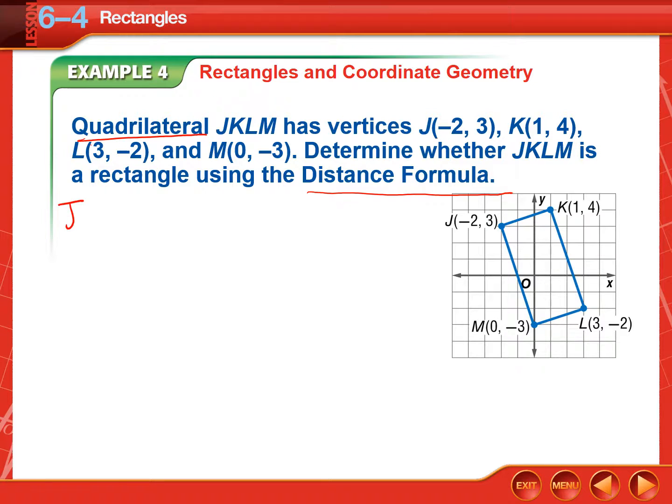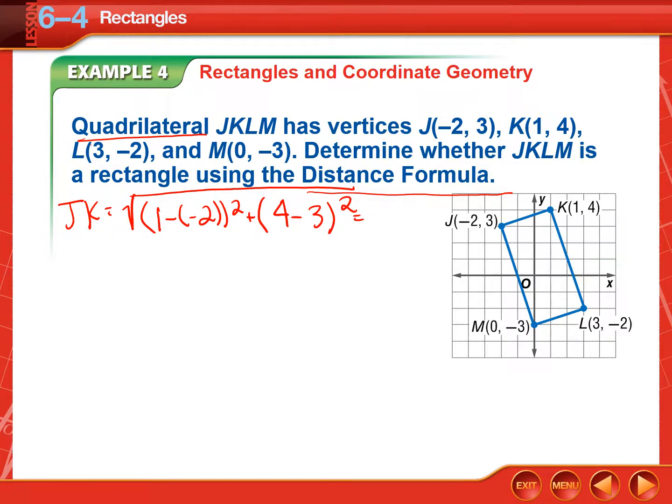Let's do JK first. So JK is going to be, let's see, 1 minus a negative 2, squared, plus 4 minus 3, squared. And so that's going to be 1 plus 2, 3.